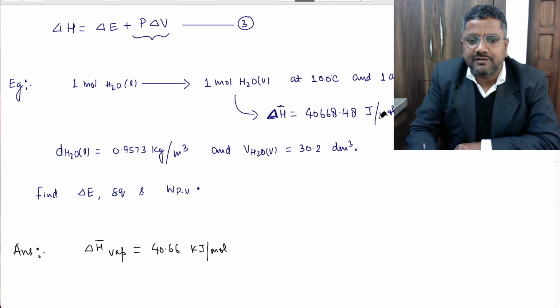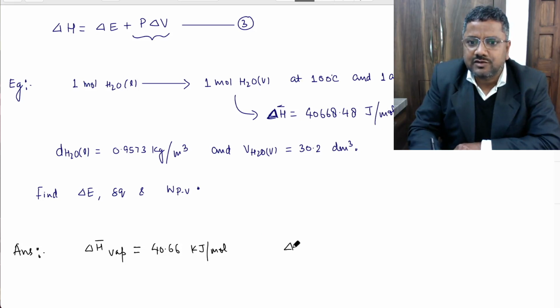So it is given here, and you know pressure is constant, 1 atm. So when pressure is constant, delta H bar is equal to delta Q at constant pressure. So this is equal to 40.6 kilojoules per mole.